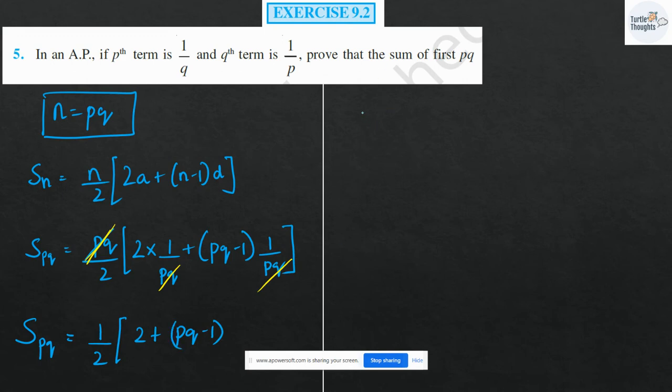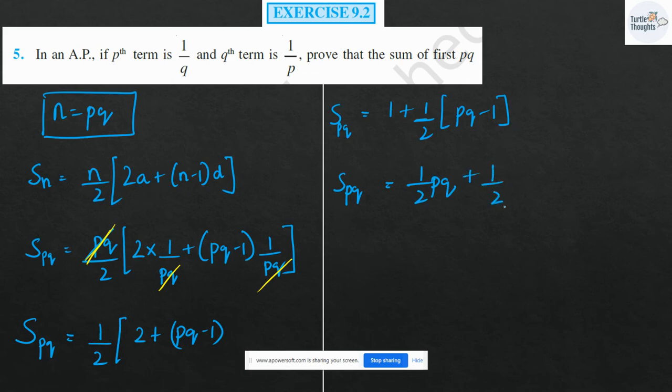So my SPQ will be equal to, I can take this as 1 plus, half will be taken common. Half, if it is taken common, this is PQ minus 1. So SPQ will be equal to half into 1 plus PQ.